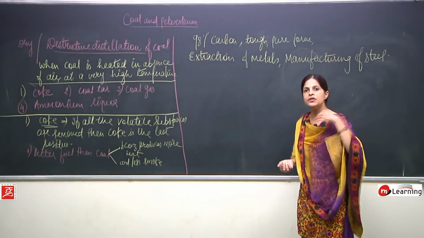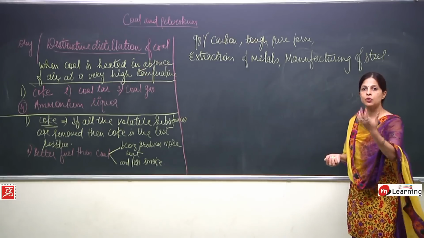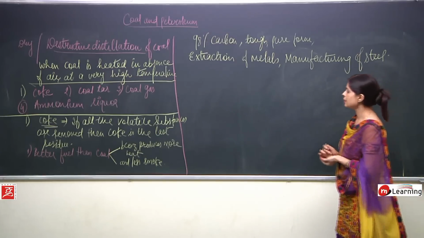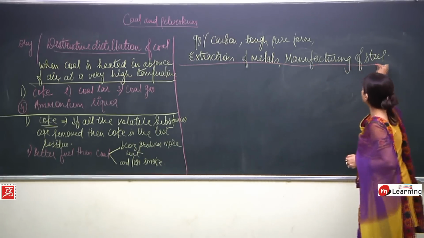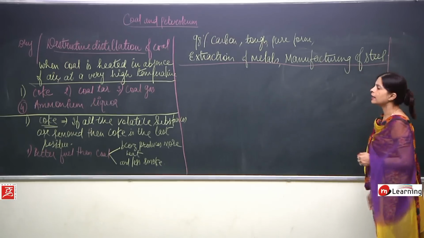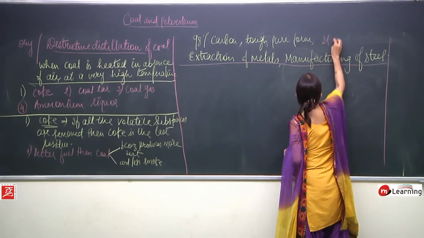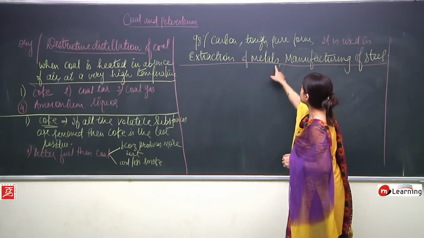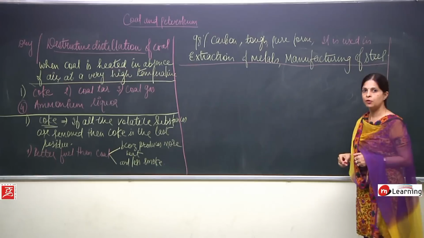Because the amount of heat produced is very high in comparison to coal, and the smoke produced is less. It has got 98% of carbon, it is very tough, it is a pure form, and it is used in extraction of metals and manufacturing of steel also.